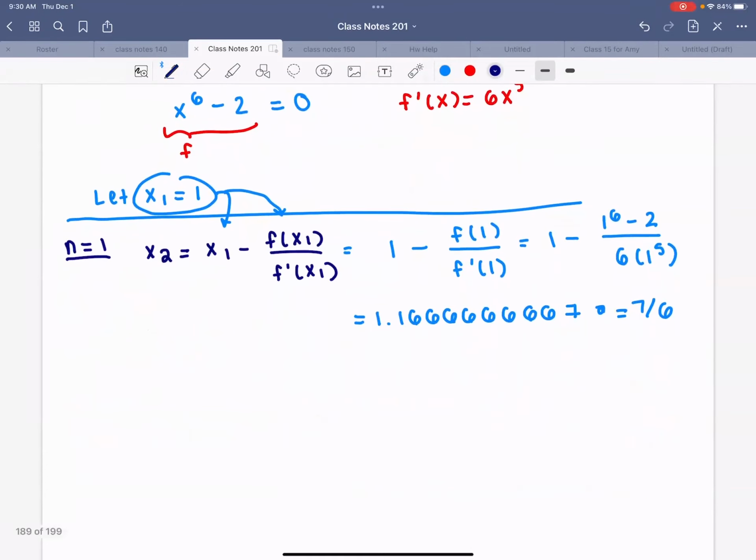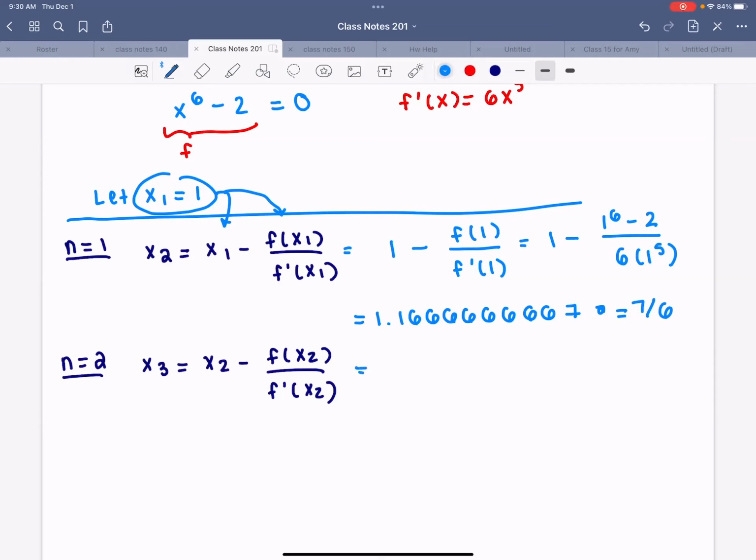So let's make n equal to 2. Okay, if n equals 2, we have the equation x3 equals x2 minus f of x2 over f prime of x2. Okay, I know that x2 is 1.6666667.